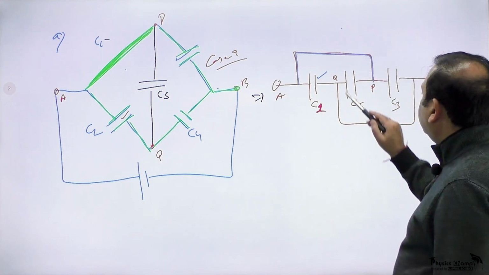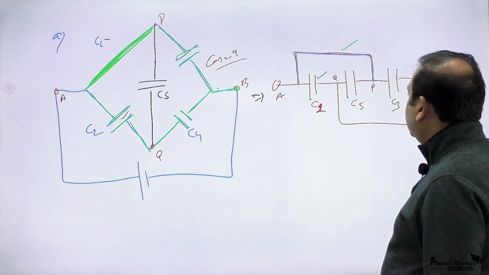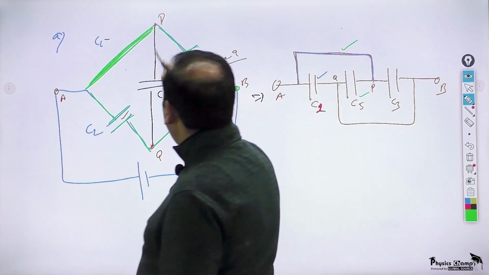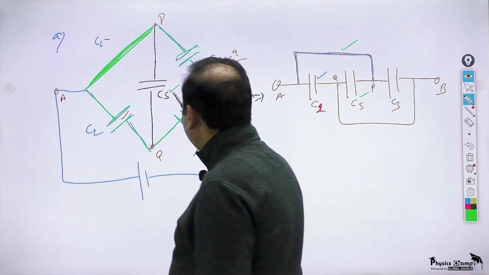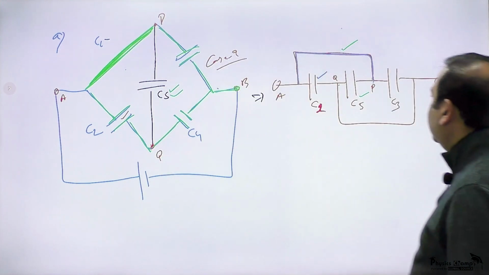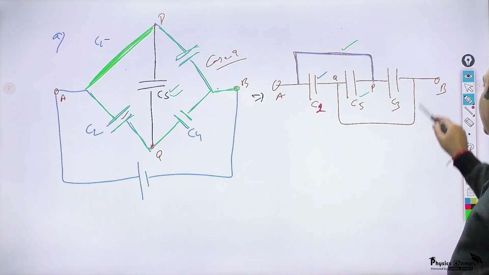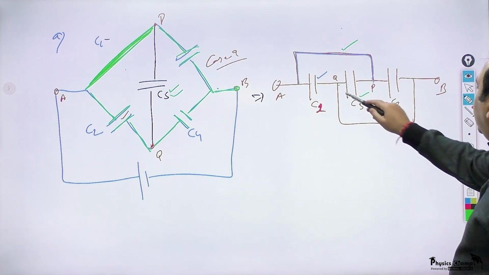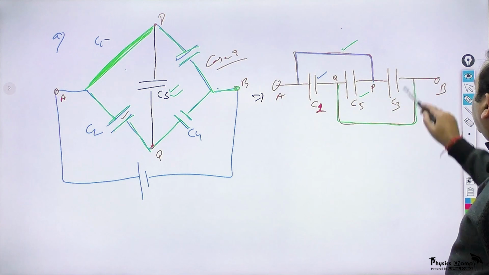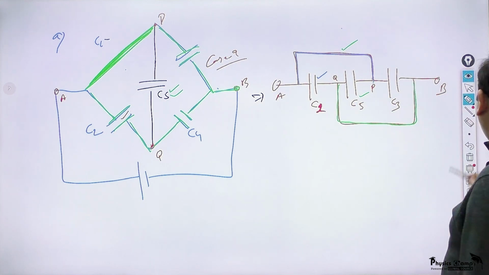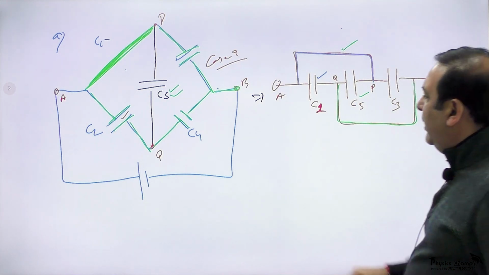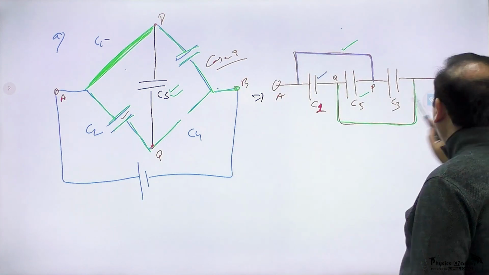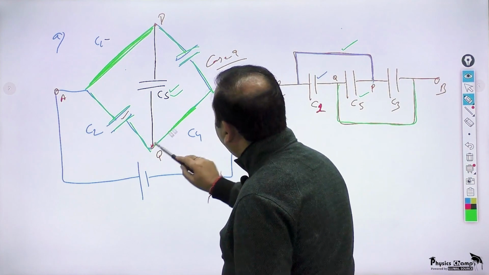Now, between Q and P, there is C5. Yes, it is existing. Between Q and B, there is no capacitor; instead, between Q and B, it is just a wire.